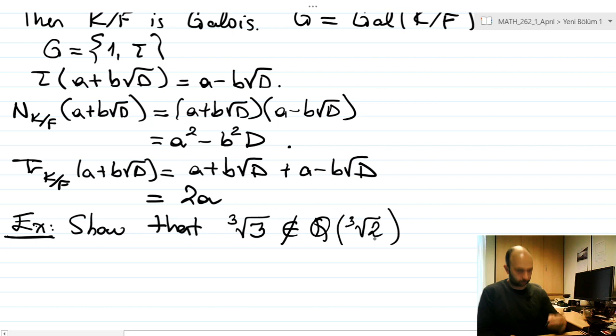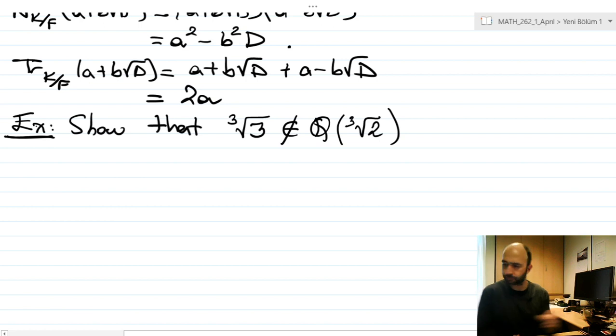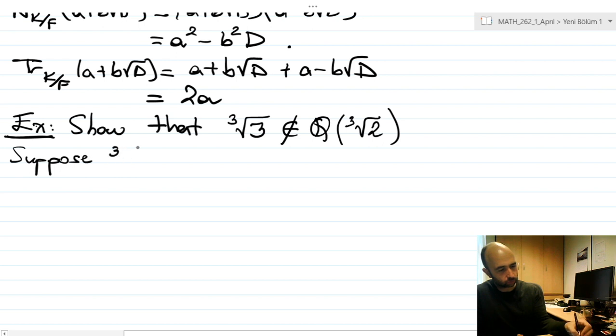Actually, this precisely came up in one bonus question in our exam, but at that time one had to do this quite explicitly and it was a little bit ugly. Now, with the use of trace, this can be done quite quickly. Suppose, for a moment, let's do a contradiction, suppose cube root 3 belongs to this field.